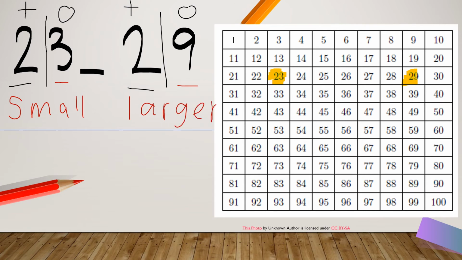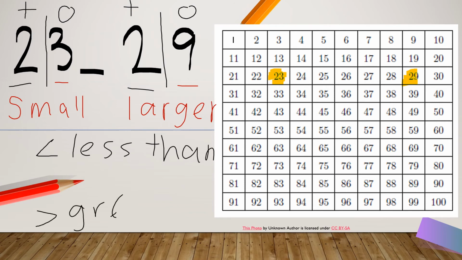So I'm going to write larger, small. So now I'm going to use my comparing signs to see which one it is going to be. If it's going to be my less than, or my greater than sign.